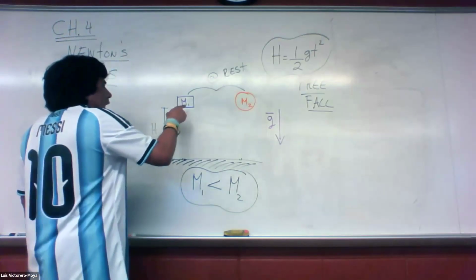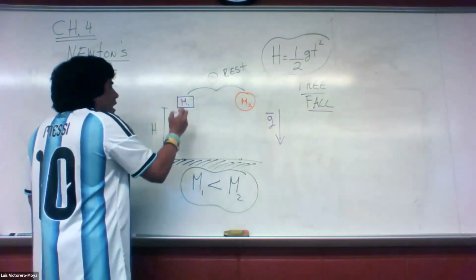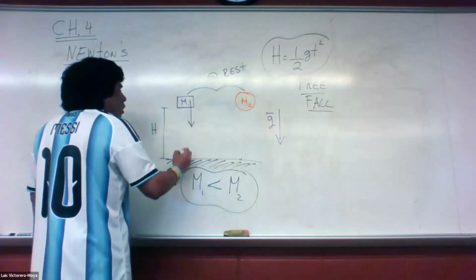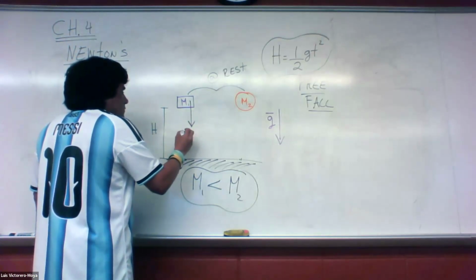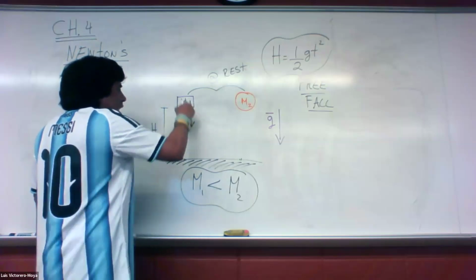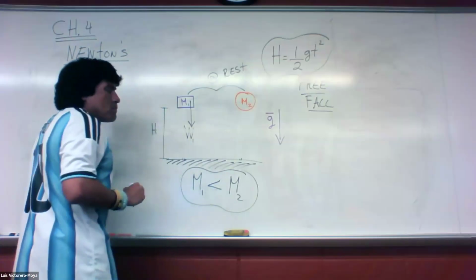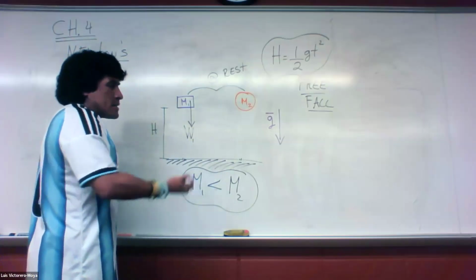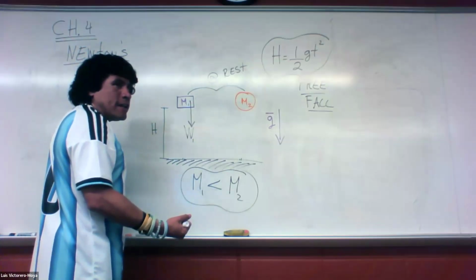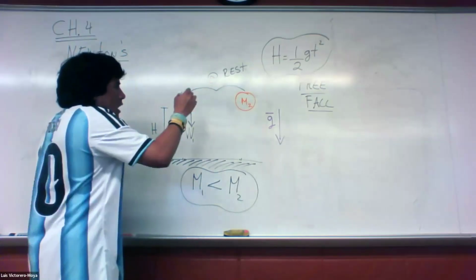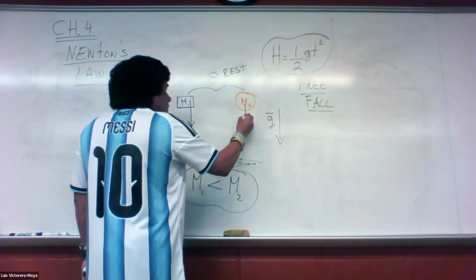Because the force that is acting on M1 is its gravitational pull, which we call the weight. This force I'm drawing down, that is the weight of M1. That's the force M1 is feeling, which is making it fall towards the ground. On M2, the same.